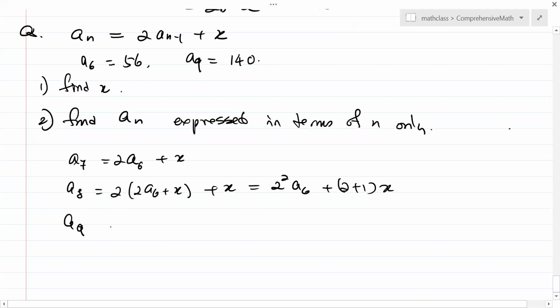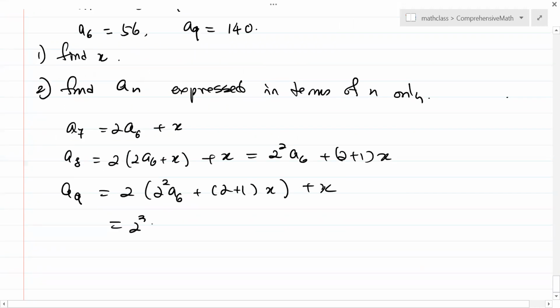A9 is going to be twice of this plus x. So what you get is 2 cubed A6, and then multiplying this out will be 2 squared plus 2, and another one coming from the x. So that is A9.